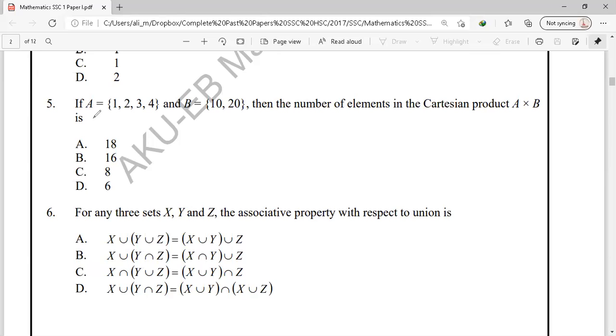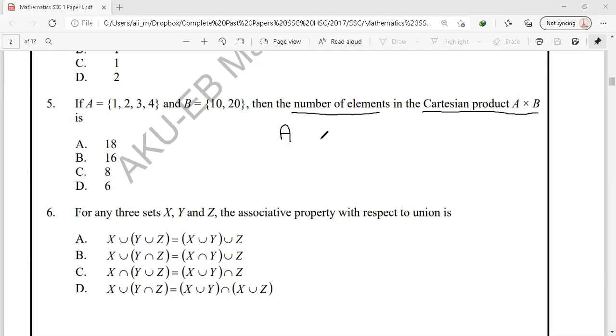In question number 5, we have two sets A and B, and we have to tell the number of elements in the Cartesian product. So the Cartesian product A cross B between these two sets, and we have to find the number of elements or the number of ordered pairs in this Cartesian product.